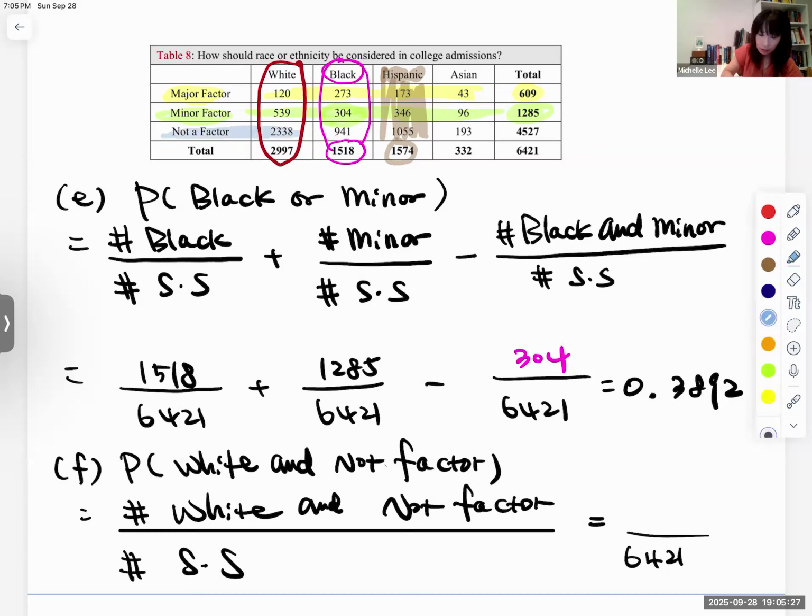So not a factor. So that would be 2,338. Yeah. Overlap. So what do you get? So 0.3641. Yeah.